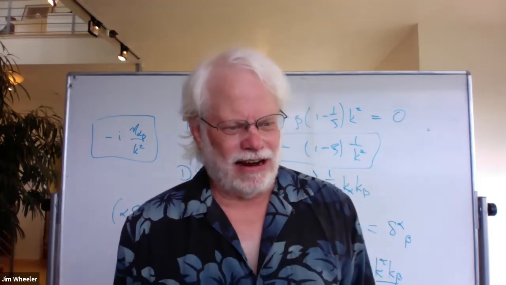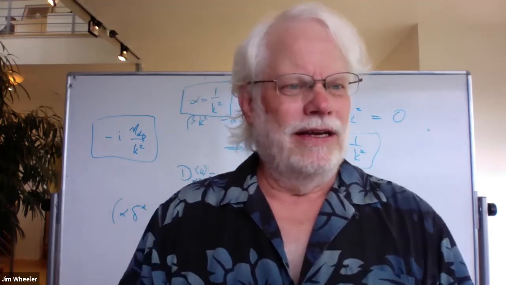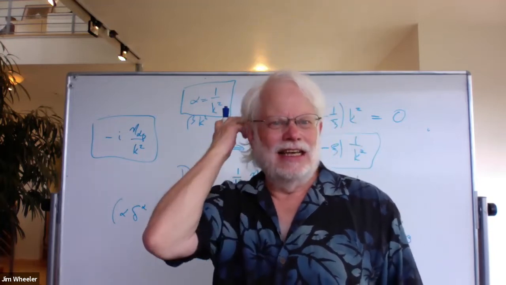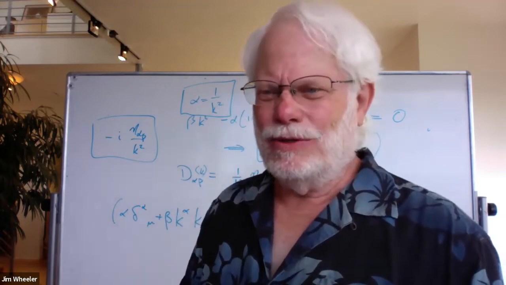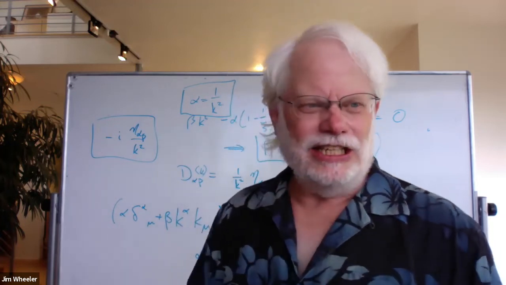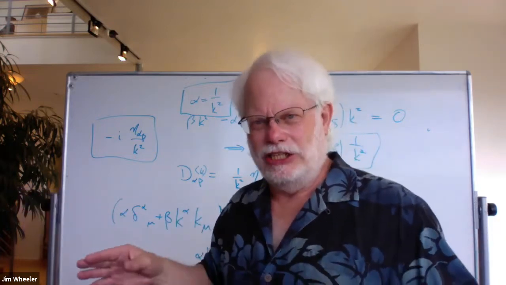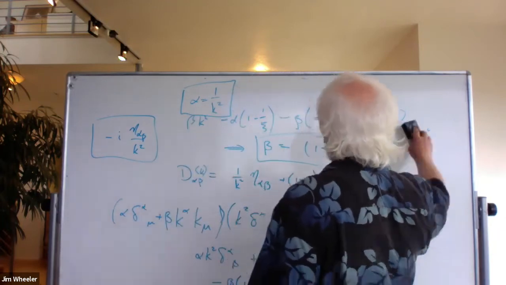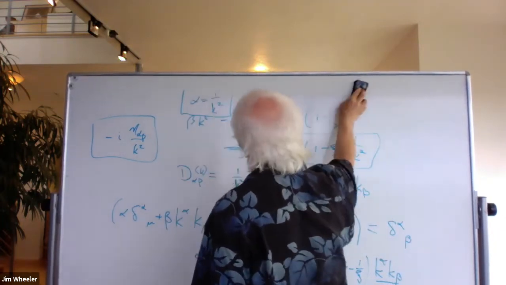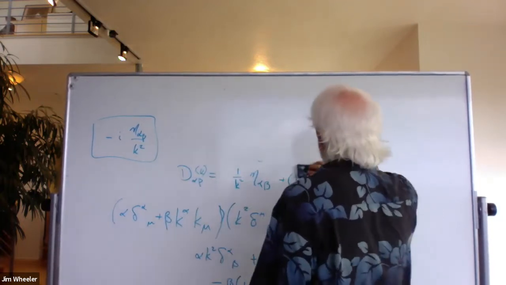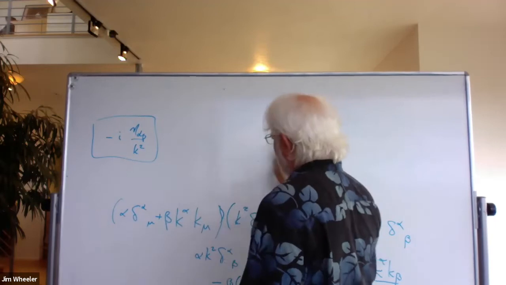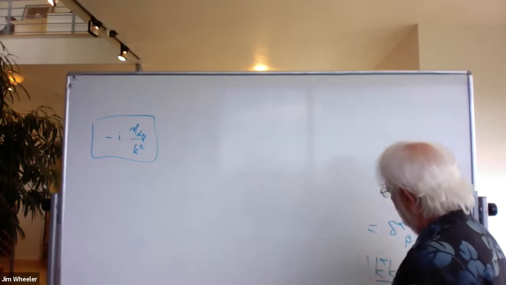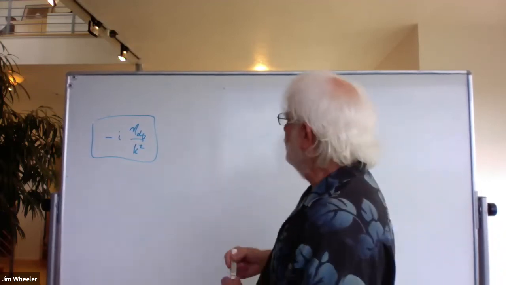So the next is the interaction term. We're still going to act like this is the gauge theory. So we wrote down the gauged Dirac action, and it turns out to be just the free Dirac action plus the free Maxwell action plus just one cross term.